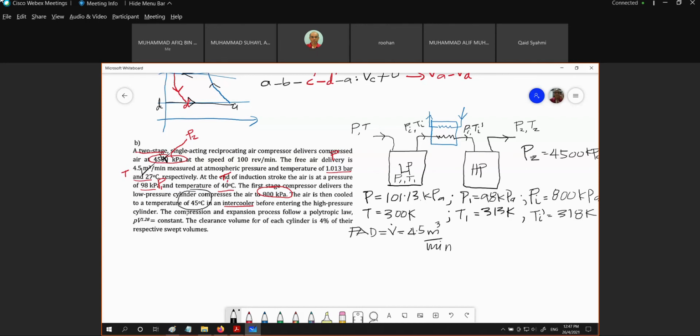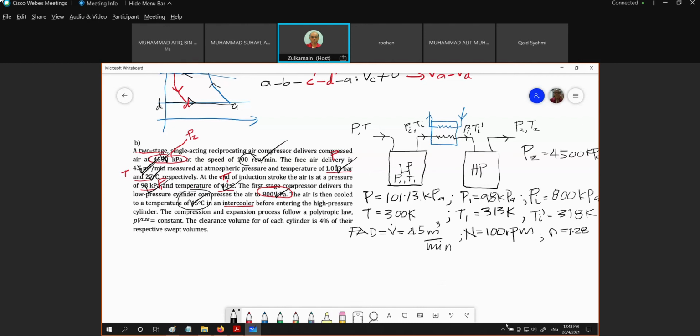The RPM N is equal to 100 RPM. Okay, 98 okay, 40 okay, 800 okay, 45 okay. And the index of expansion, compression and re-expansion N is given as 1.28.